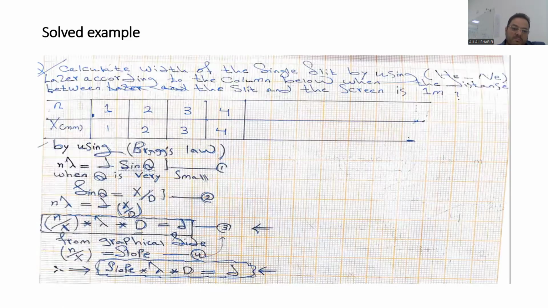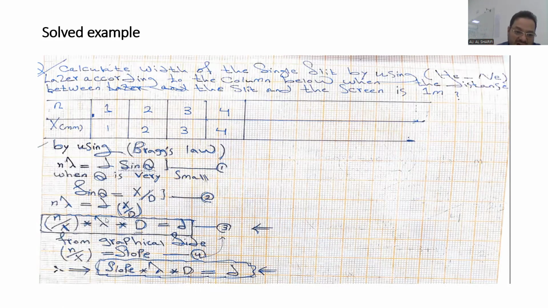Here, by using Bragg's law, n lambda equals d sine theta. Like I said before, when theta is very small, I can say sine theta equals x divided by D. I use this trick because I don't have theta, so I can't calculate sine theta directly.